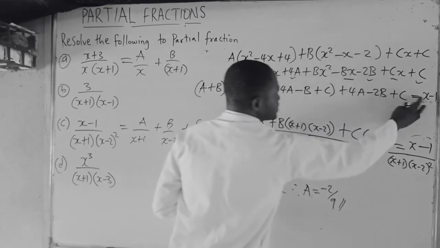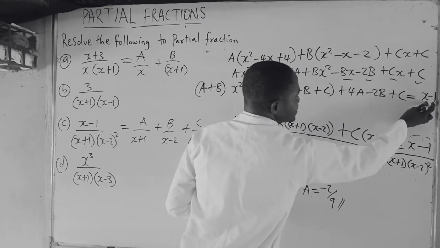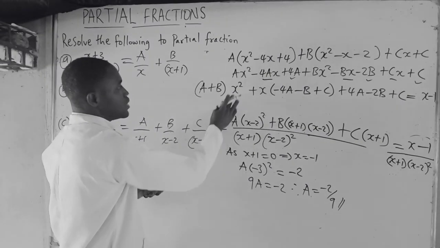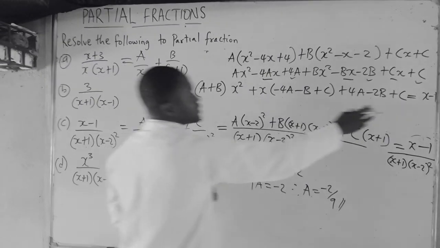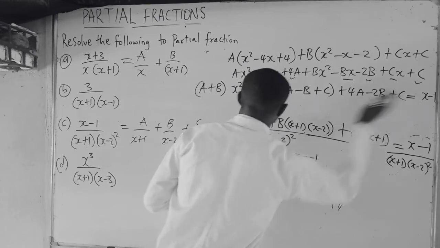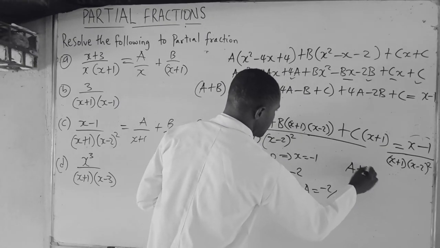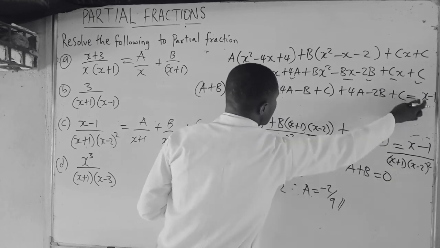Now, at this side, does it have power of 2? I'm comparing their coefficient. Here I have s squared. Does this side have s squared? No. It means that a plus b is equal to 0 because it does not have s squared.